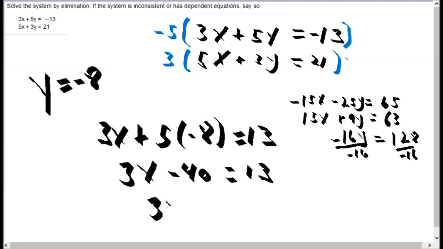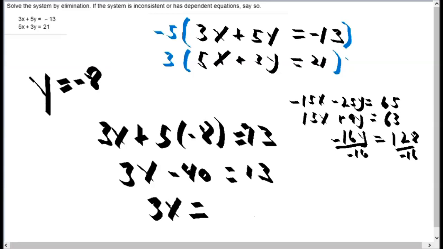So 3x will be equal to 53. I see, taking a look at this here, I forgot to take account of this negative 13 right here. This is a negative 13, so that means that this number right here, 53, should really be 27.